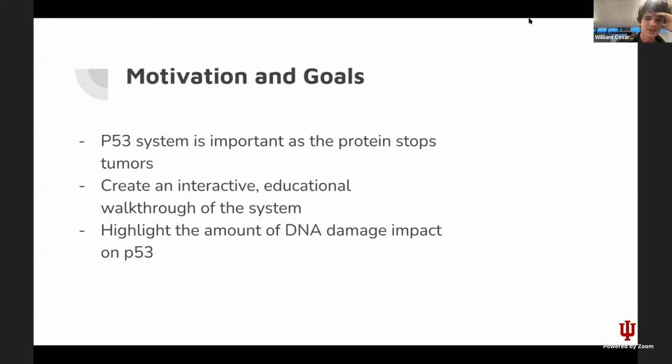Okay. What'd you say? MDM2 is a protein that, what'd you say? It's not a protein? Oh, it's not? It's a pathway, right?